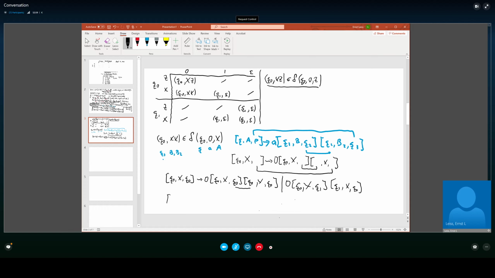And then I have to do exactly the same thing, except now I'm replacing this by Q1. So this is Q1. I get all that. So I get here Q1 and I get here Q1. And everything else is basically the same.